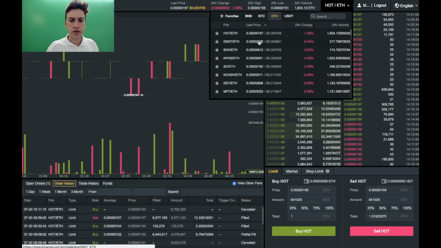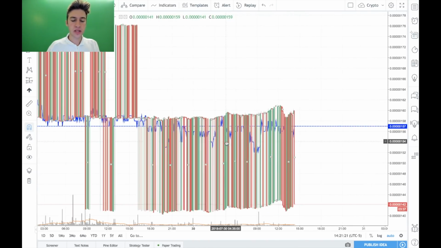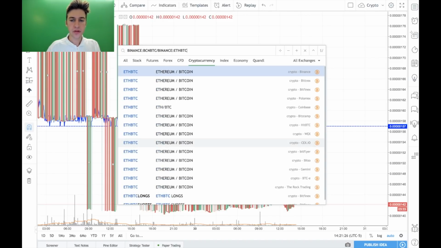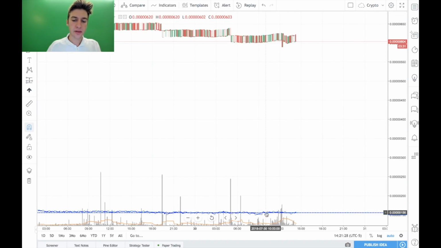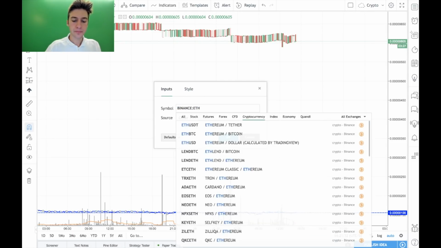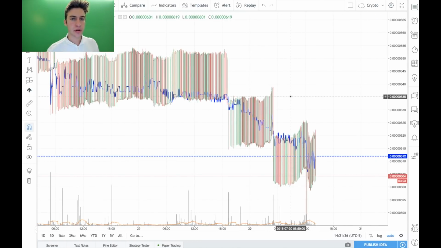So if we look at just coins such as these, let's talk about BCN. To build our model for BCN BTC, I'm going to do BCN BTC divided by ETH BTC. I'm going to overlay BCNF here. Now what we can see is that this rate is not trading at parity.